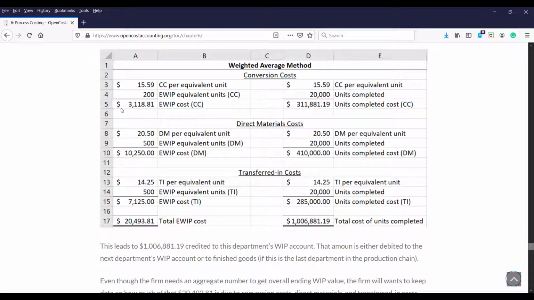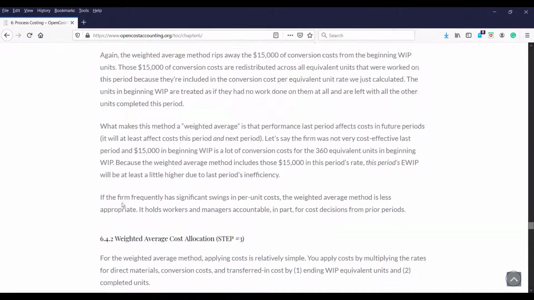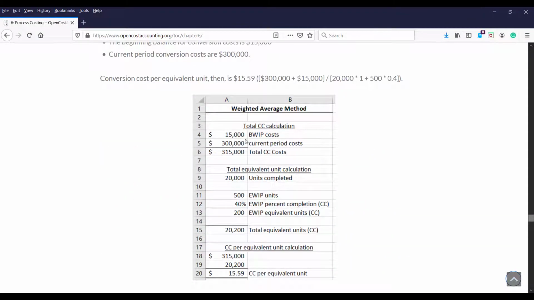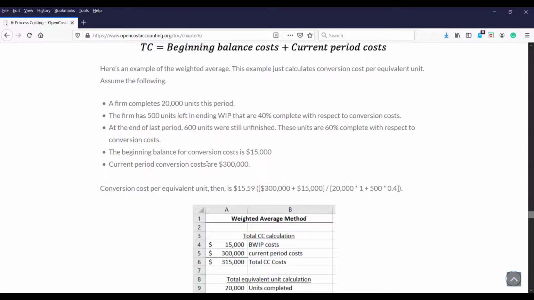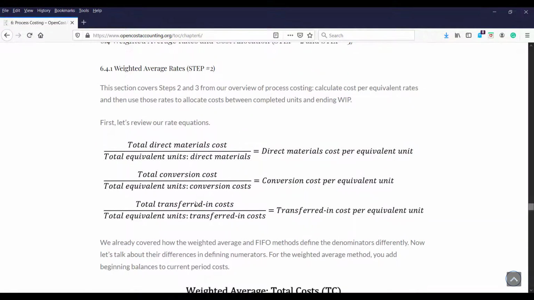They will have, at the very least, some sort of field with an identifier that allows them to be classified as conversion costs, direct materials cost, or transferred in cost, because when you do this calculation next period, you're going to need to be able to separate out your conversion costs in beginning WIP, your transferred in costs in beginning WIP, and your direct materials costs in beginning WIP.